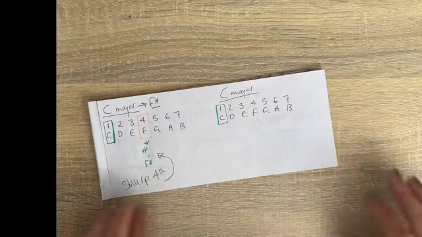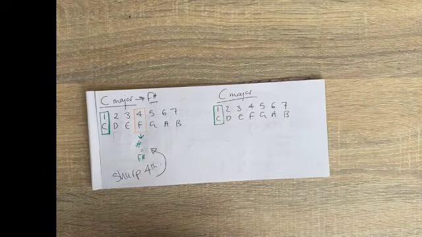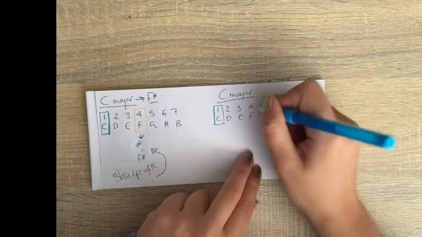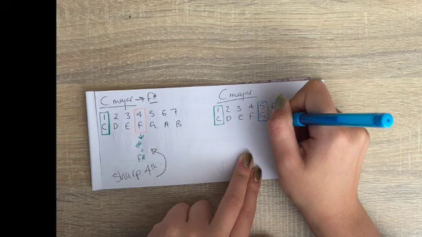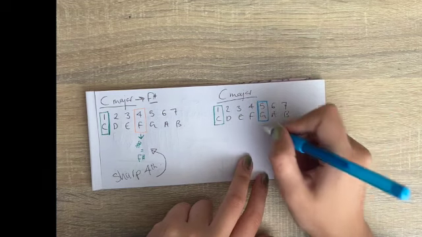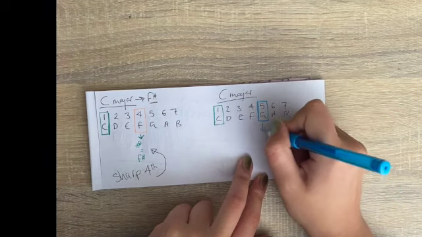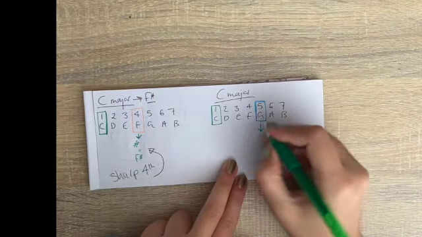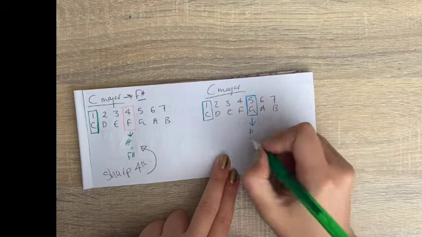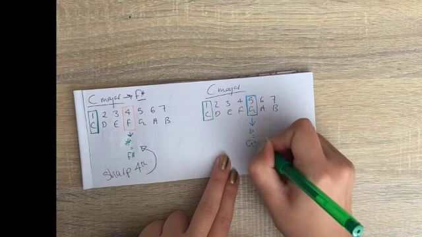And instead of going up a fourth, we're going to go up a fifth this time. So this time we end up at G. And instead of sharpening it, what we do is we take our fifth and we flatten it, which gives us our G flat.